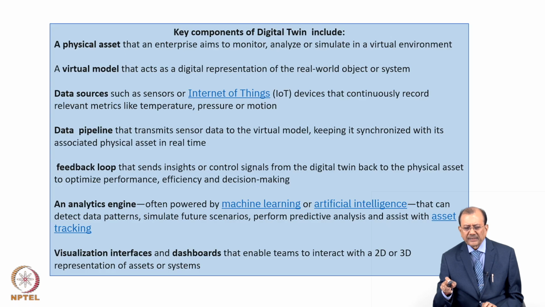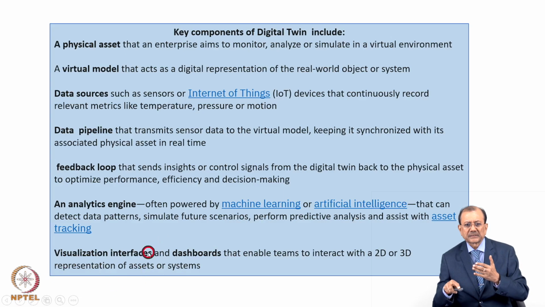Then there is an analytic engine, which is part of your computer system. In most digital twin cases, we have dashboards; by looking at the dashboard, one can know what is happening in the physical object and what its status is, so that if there is any alert, one can see it.